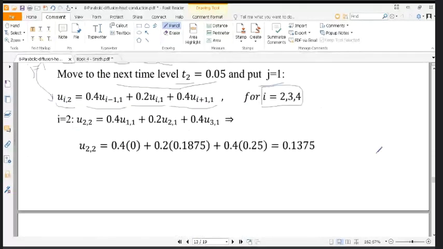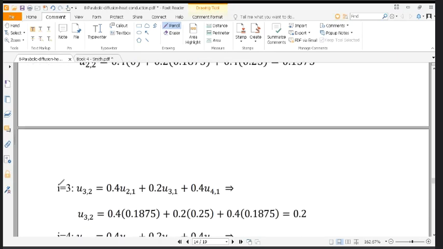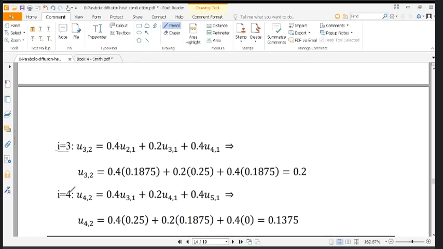Okay, I will continue. Start from i equal 2, then i equal 3, and then i equal 4.